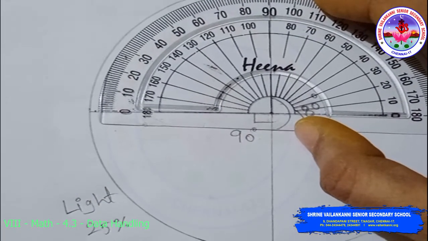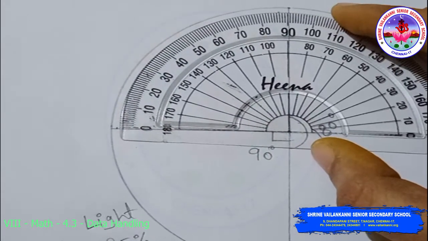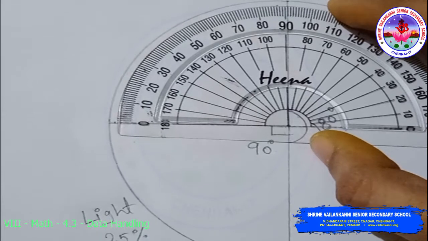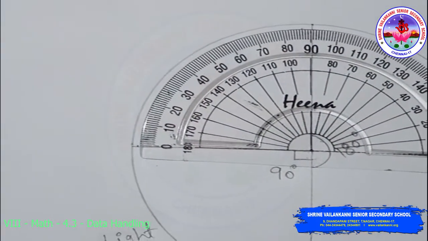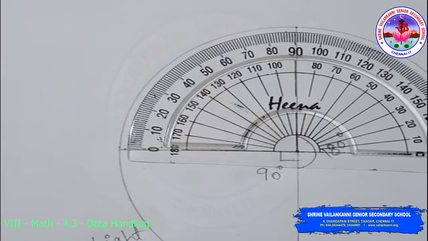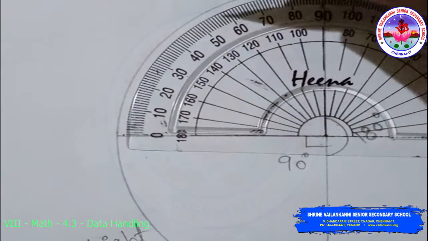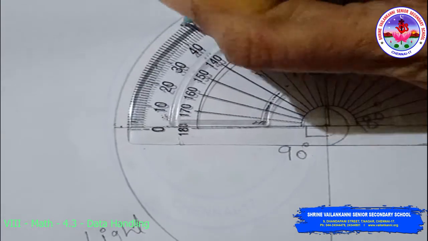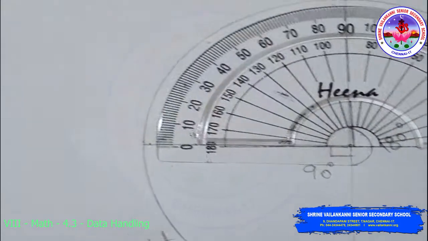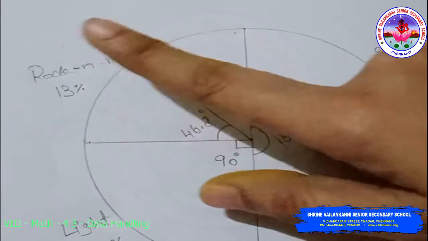Place the protractor. The rock and roll degree is 46.8. Here is 46.8 degrees. Rock and roll is 13%.